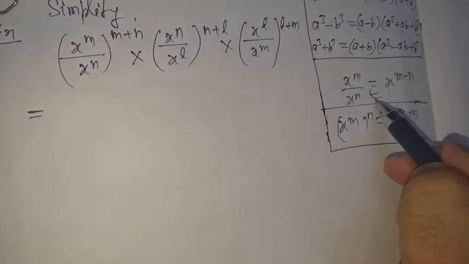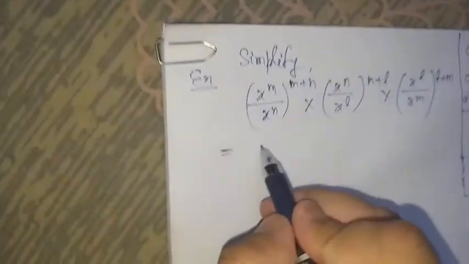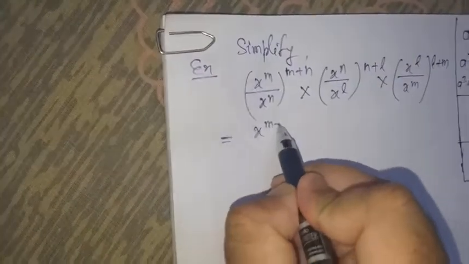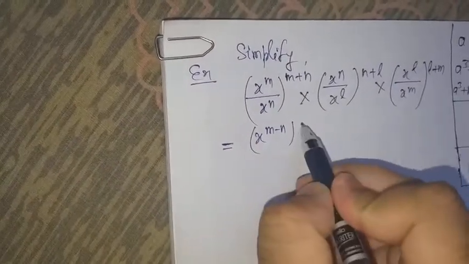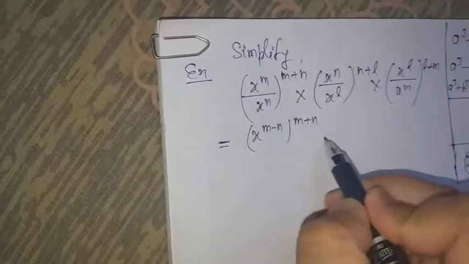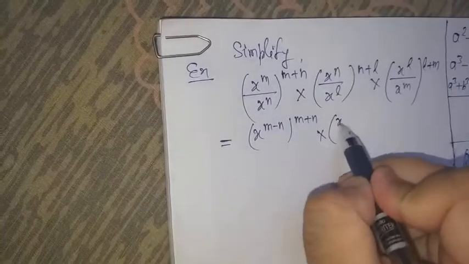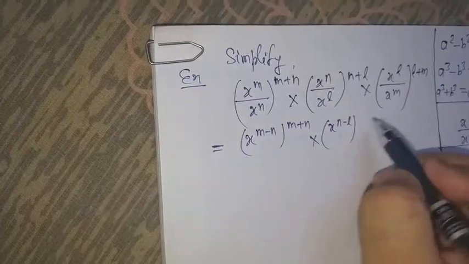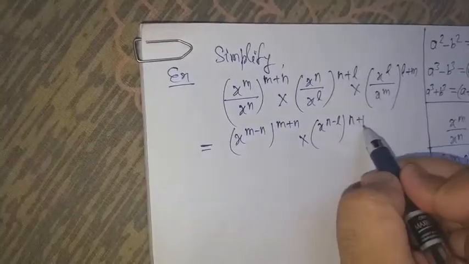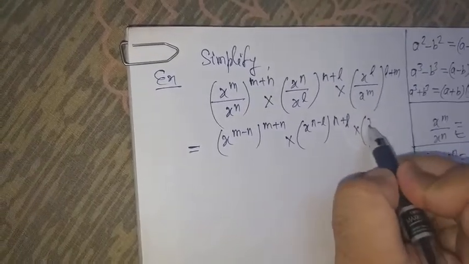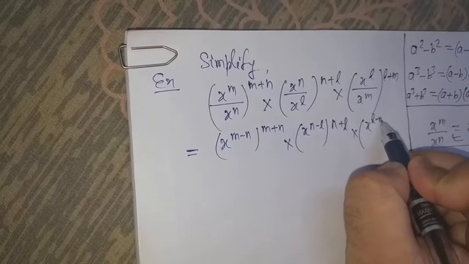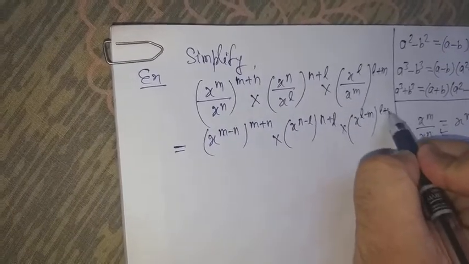Now just apply these identities here. This becomes (x to the power m minus n) whole to the power m plus n, into, in the same way, (x to the power n minus l) whole to the power n plus l, into (x to the power l minus m) whole to the power l plus m.